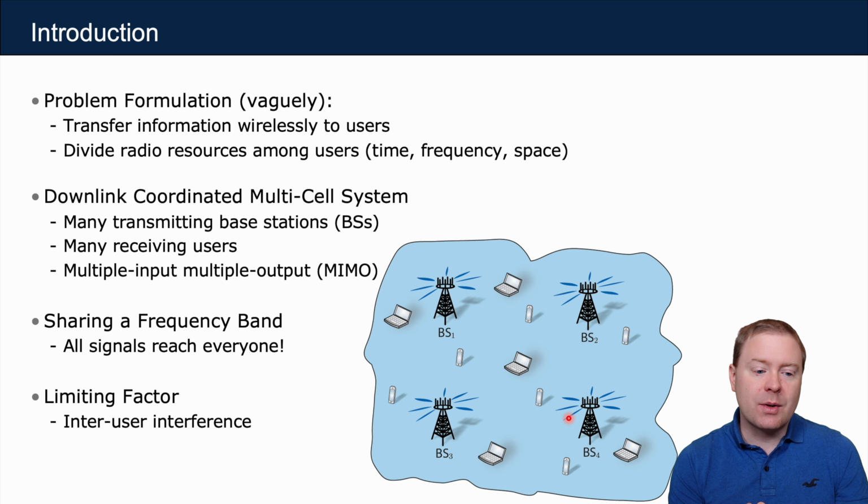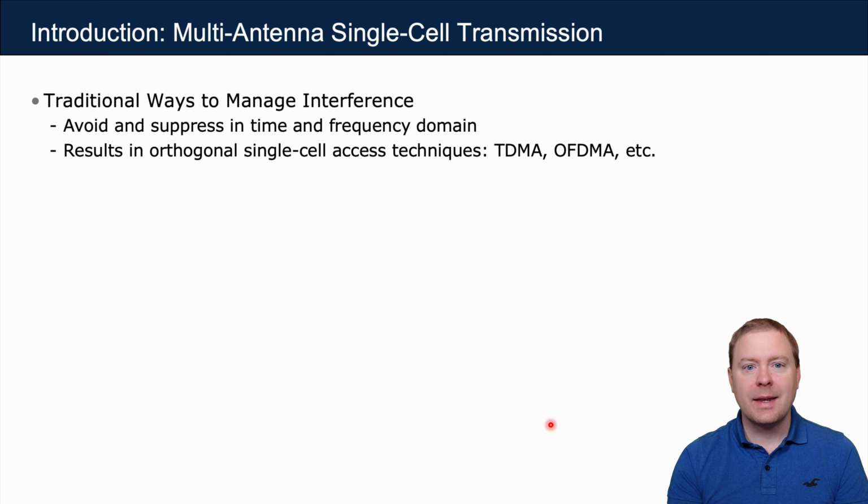And the main thing here is that they're all sharing the same frequency band, which means that all the transmitted signals reach all of the users, but to different extents. And the limiting factor will then be the inter-user interference that we need to control. The traditional way of dealing with inter-user interference is to avoid it or suppress it to a larger extent.